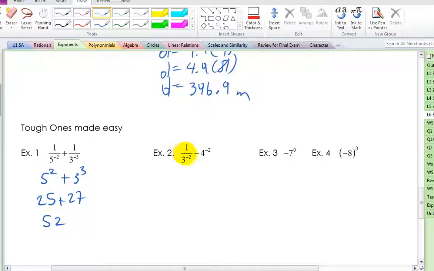Try the next one. Fix your negative exponents first of all. Okay, so this is going to be 3 squared minus 1 over 4 squared.